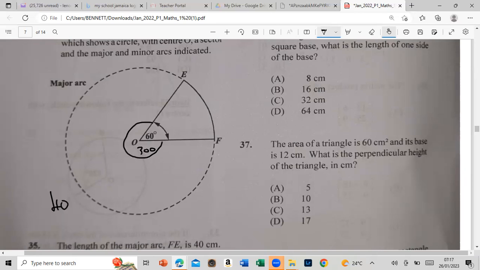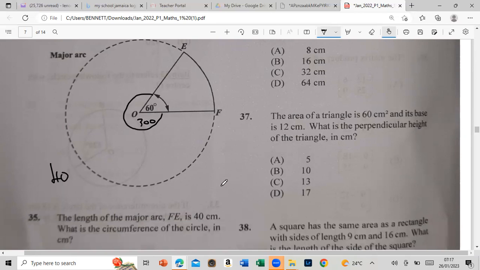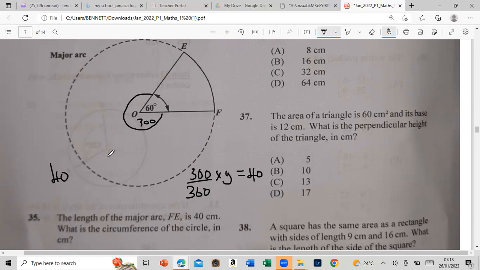Alright, I think I can find it very easily. So it's 300. It's an easier way, but I want to do it this way. Times a number that we're looking for. We could call it y, and this must equal 40. This should give us the answer, right? Because they gave us the 40.